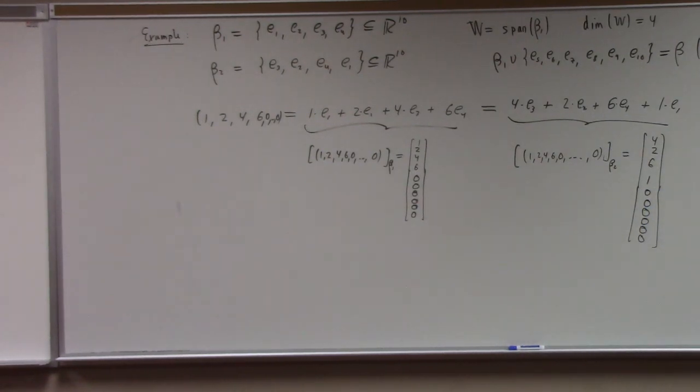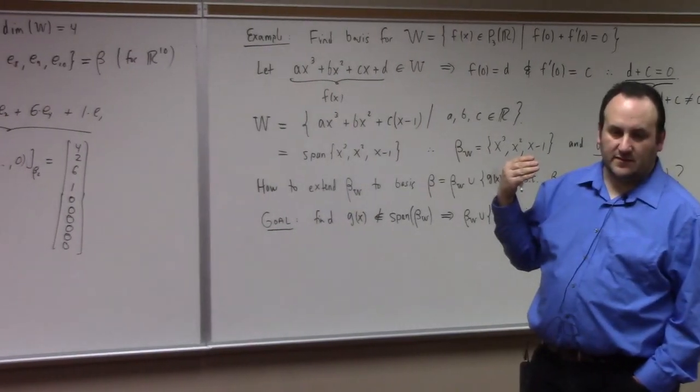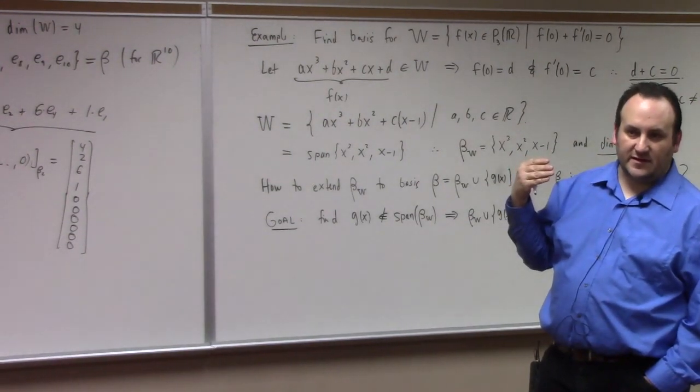So it's a 4-dimensional subspace of the 10-dimensional space. To get a basis for R10, I need to adjoin 6 vectors which are outside of W and which are also linearly independent with respect to each other.